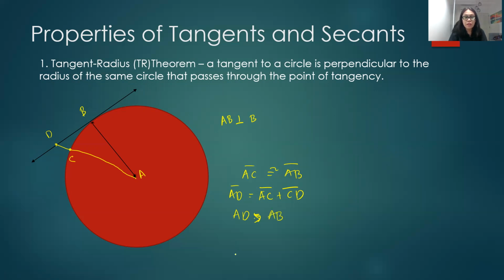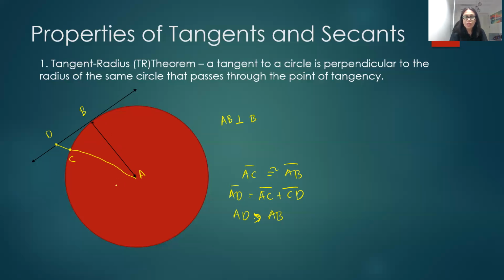So we can really say that the shortest segment connecting the center and any point on the tangent line is perpendicular to the tangent line itself. And we can say that AB is the radius of the circle.